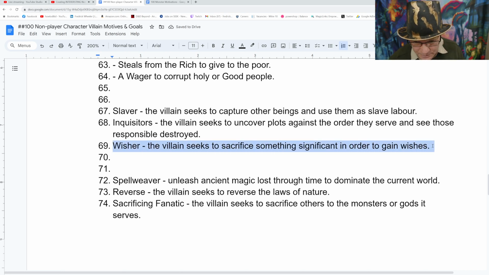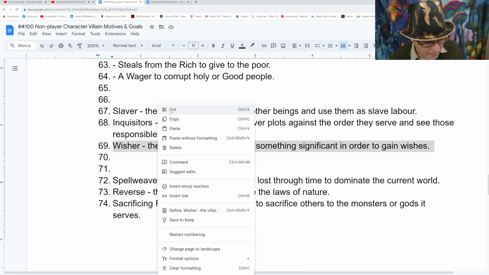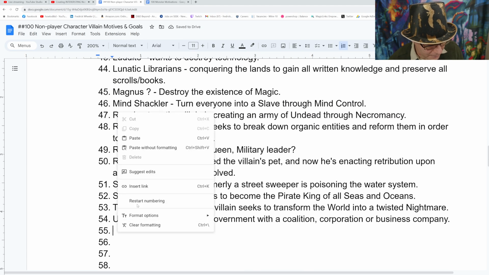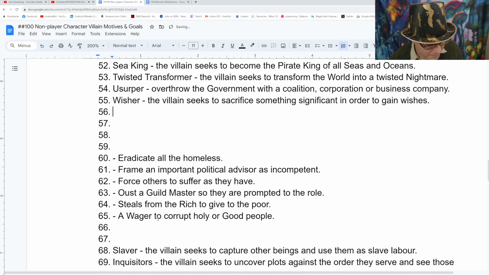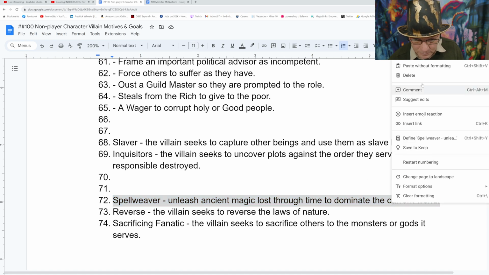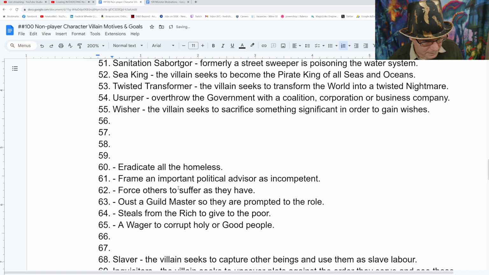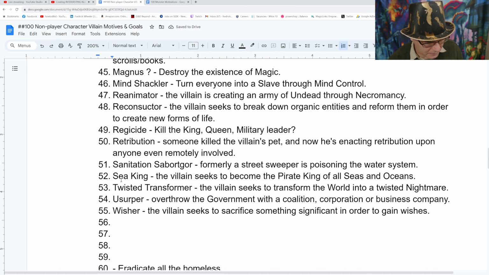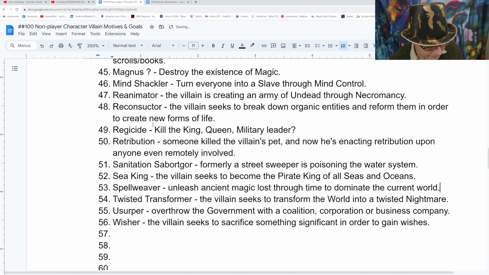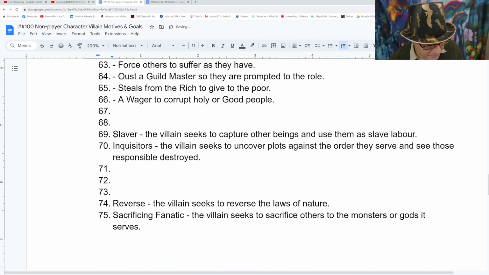Okay, Wisher. Cut. Wisher was going to go right about here. I think that's right. And Spellweaver. All right, Spellweaver. Cut. Spell should be sitting here, shouldn't it? Spellweaver. Paste. Spellweaver. Slaver.